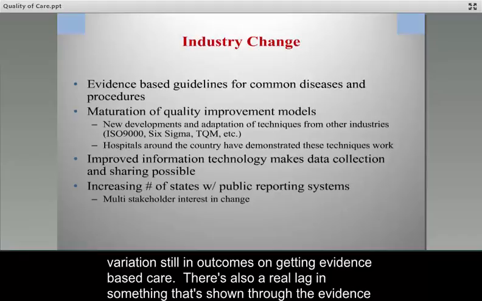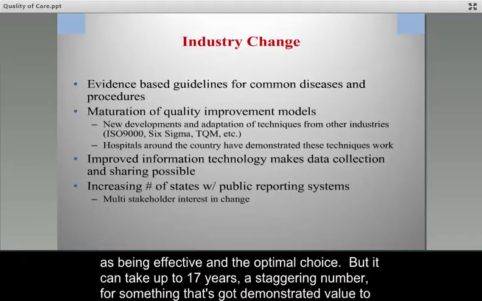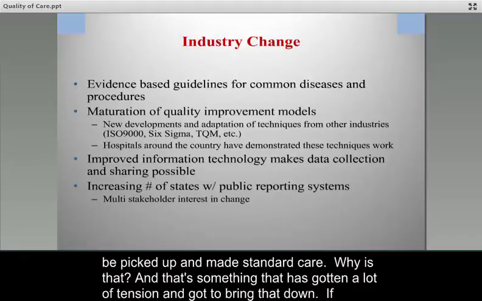There's also a real lag in something that's shown through the evidence as being effective and the optimal choice, but it can take up to 17 years, a staggering number, for something that's got demonstrated value to be picked up and made standard care. Why is that? And that's something that has gotten a lot of attention and has got to be brought down.